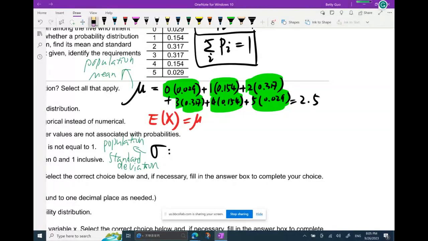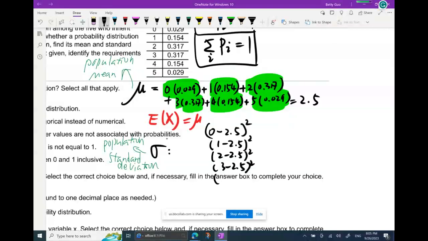So to find the standard deviation, we firstly need to find mu, which is 2.5. Then we find the deviation from the mean. Use the first value minus the mean and square it. Use the second value minus the mean, square it. Continue.